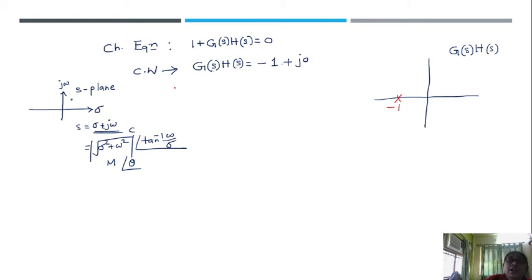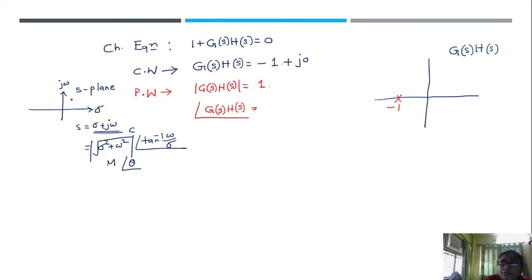If I want to write it in polar form, what do I have to write? The magnitude and the angle. So what is the magnitude? The magnitude is 1. And what will be the angle of G(s)H(s)?